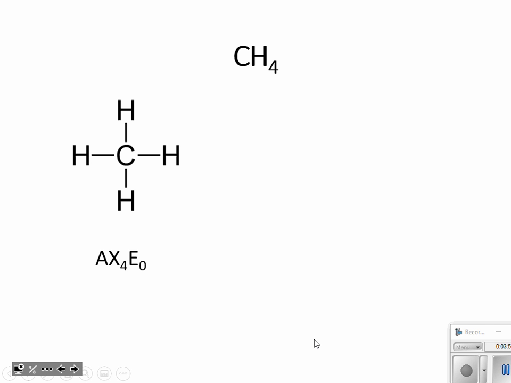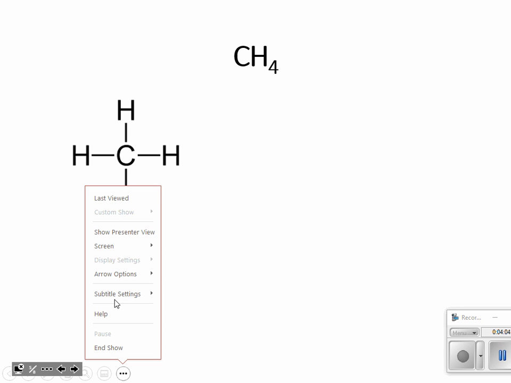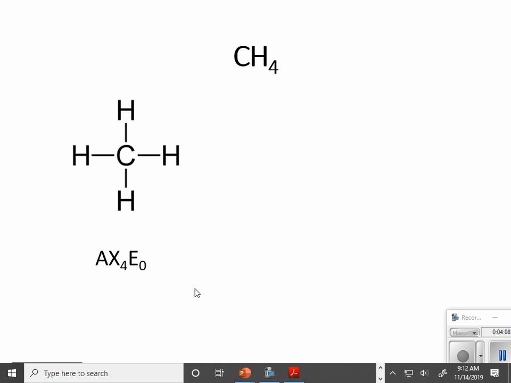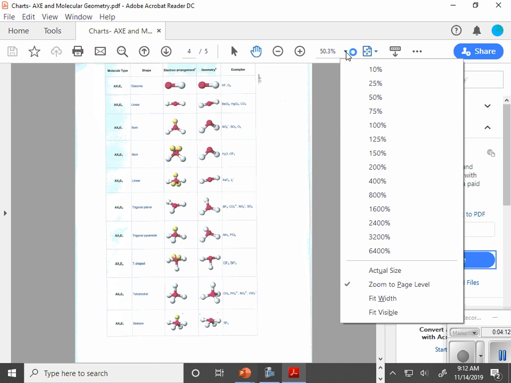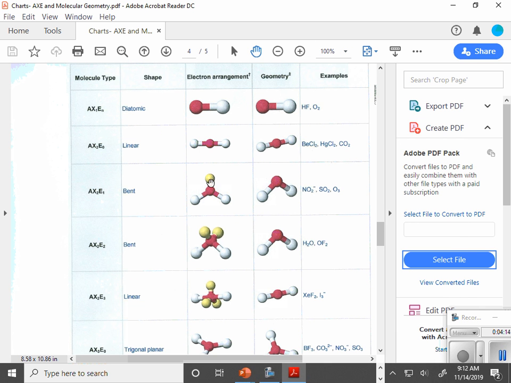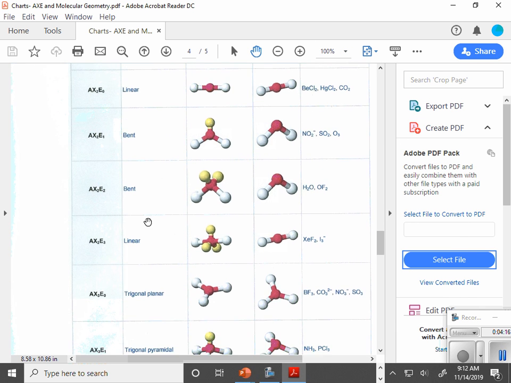Now, what I'm going to do here real quick. Because we're right here, we'll get the AXE. I need to pull up that AXE packet. So let me get my taskbar here. Here's my AXE packet. You can't see it very easily, so let me blow it up a bit.